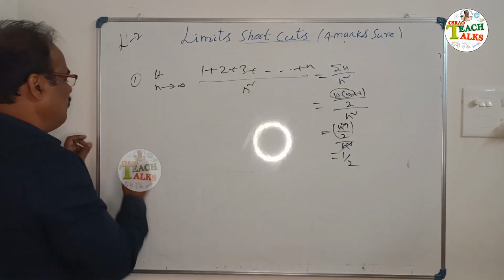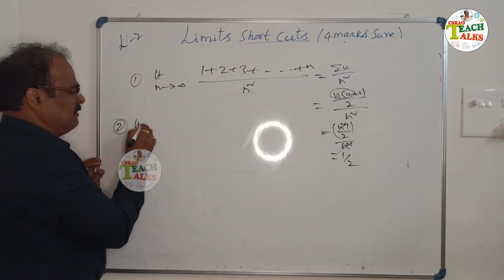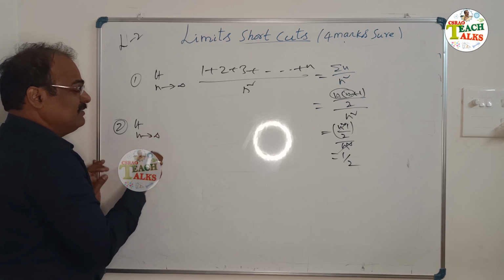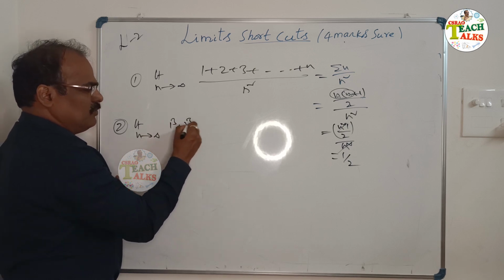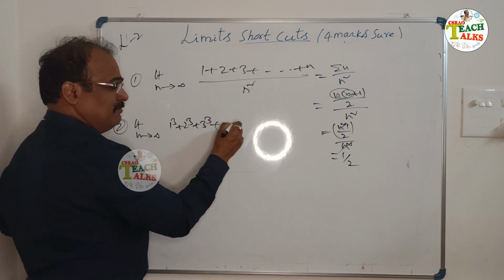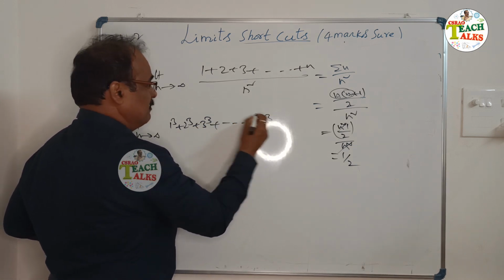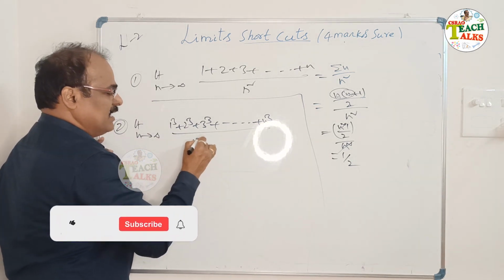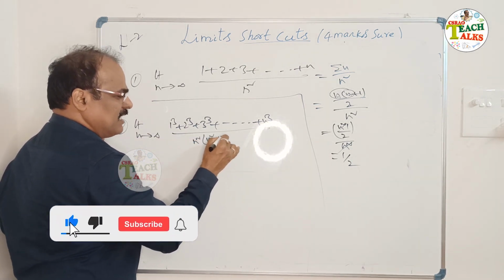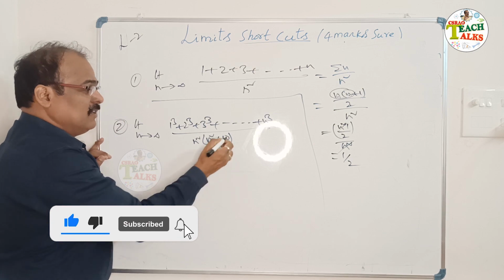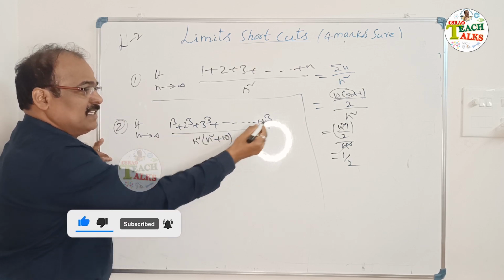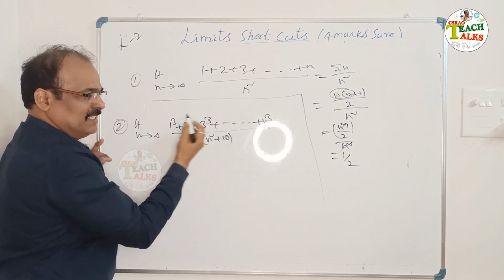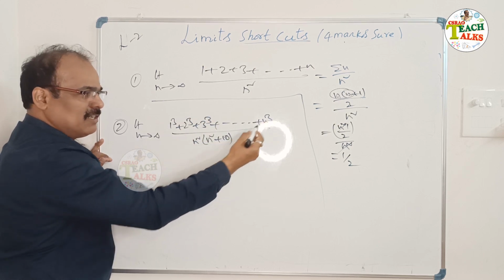And one more I am giving. Limit n tends to infinity of 1 cube plus 2 cube plus 3 cube and so on plus n cube, divided by n square into n square plus 10, suppose. Now what are we going to do? This is sigma n cube, the sum of the cubes of the first n natural numbers.